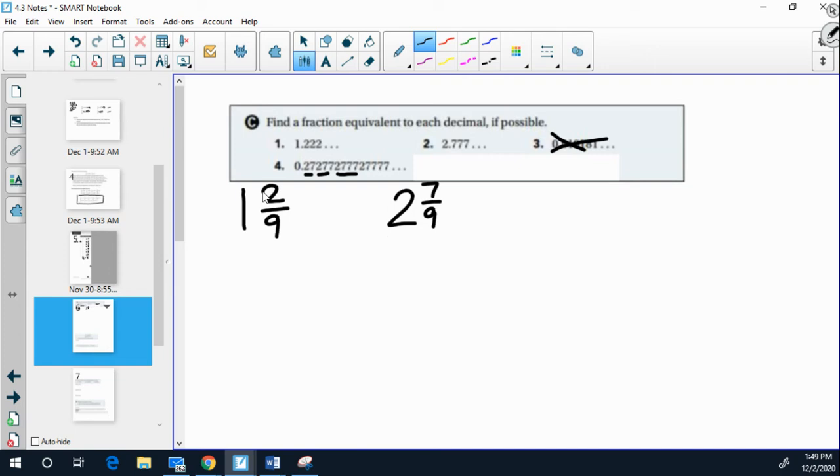This one doesn't repeat and it doesn't terminate, so on number 4, we cannot convert. We'll talk more about that type of number in our next lesson, but that is a special type of decimal that cannot be turned into a fraction. There is no fraction that represents this decimal.